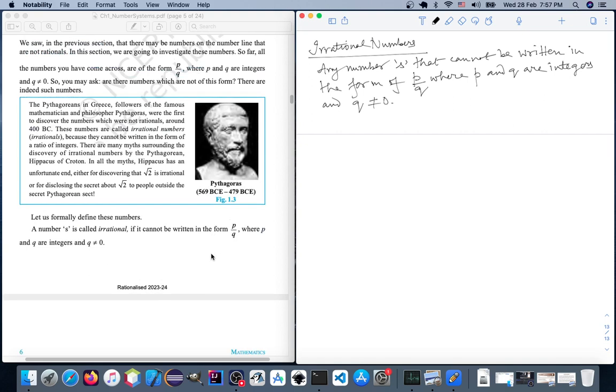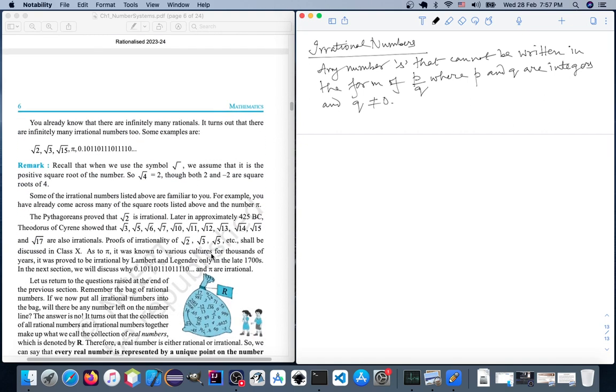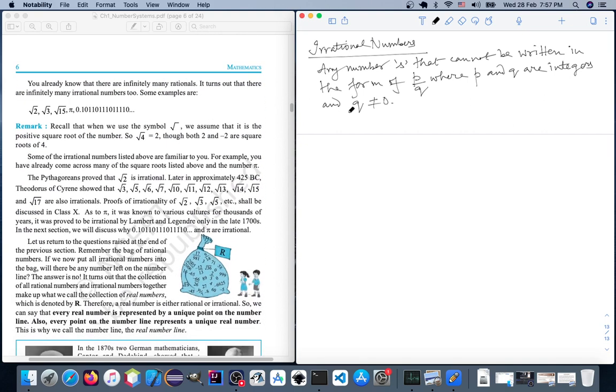So let's proceed with the textbook. Now it says that there are an infinite number of irrational numbers.